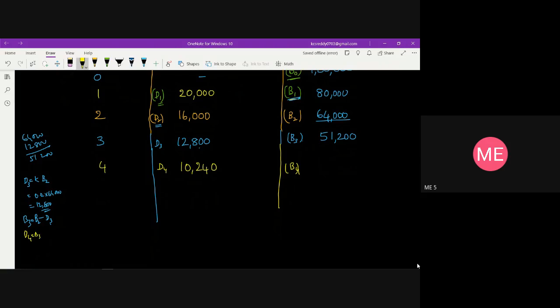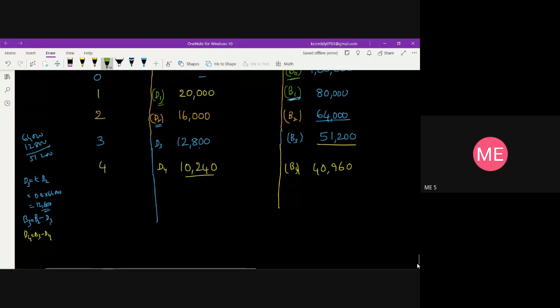B4 is equal to B3 minus D4. Be careful with these years. So B4 is 51,200 minus the D4 amount, which is 40,960.